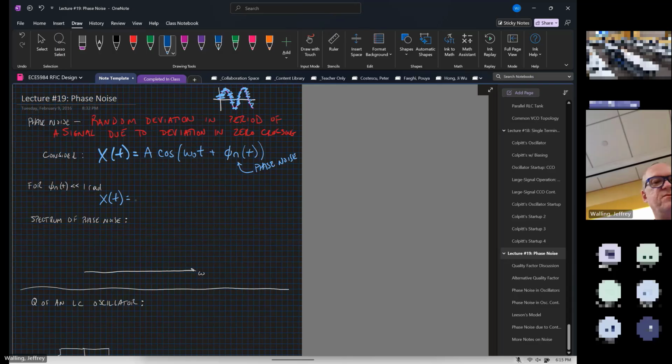x(t) is equal to A cosine of omega naught t minus A times phi sub n of t times sine of omega naught t, just using one of our trigonometric identities.